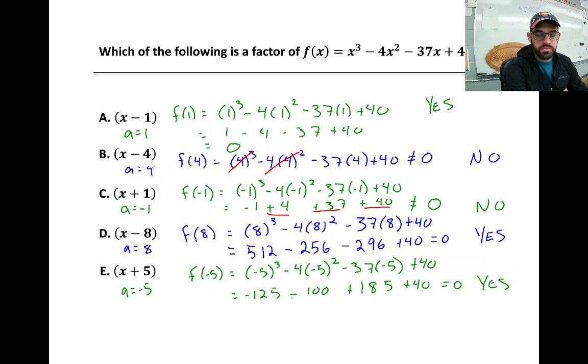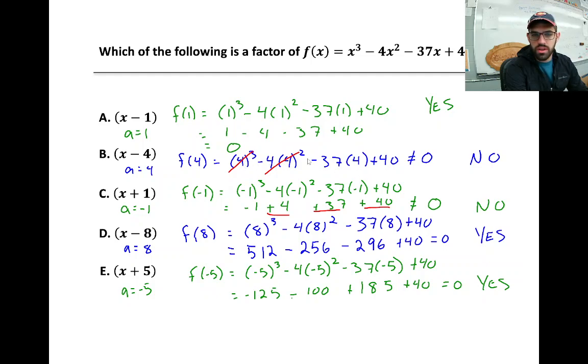So x minus 4, if we plug in the a value, which would be 4, into the polynomial, we'd have f of 4, which we can evaluate. So you plug in 4 for all the x's. Notice that the second term is 4 times 4 squared, which would be the same as 4 cubed, 4 to the power of 3. So when I'm doing my calculations here, I can already see these two terms will cancel out.